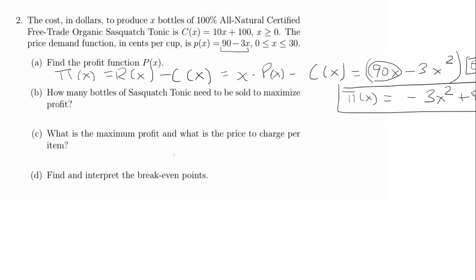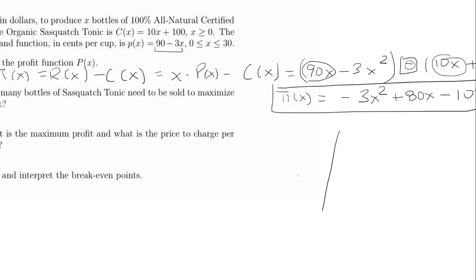Part B, I want to see how many bottles I need to sell to maximize the profit. Well, first of all, this is a parabola. It's actually an upside down parabola, looks something like this. So in order to find the maximum, we first need to find the x value, and then we need to find the y value.